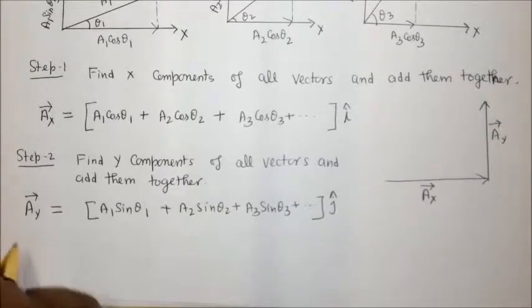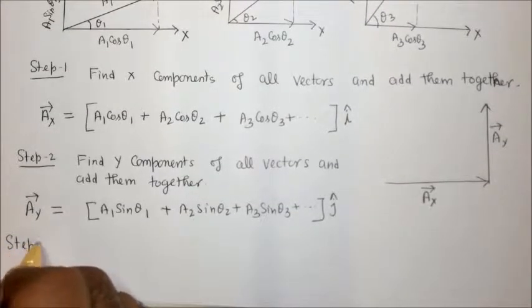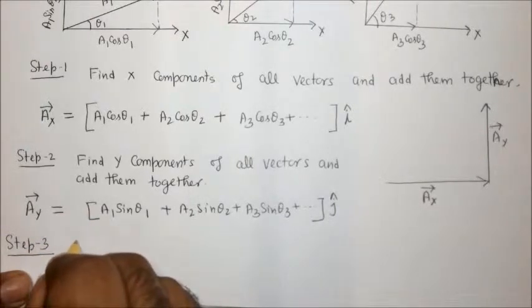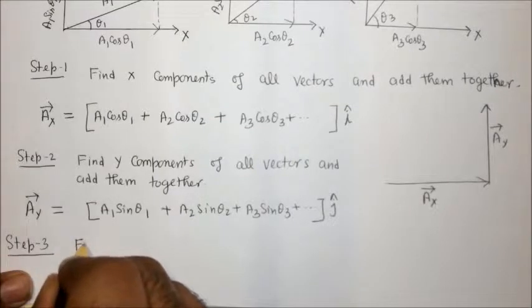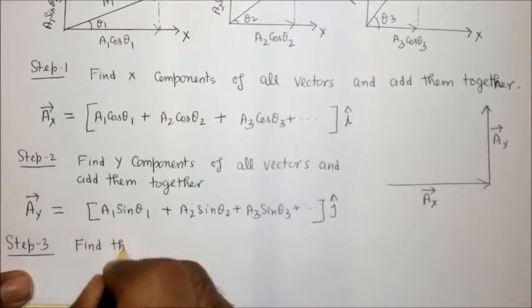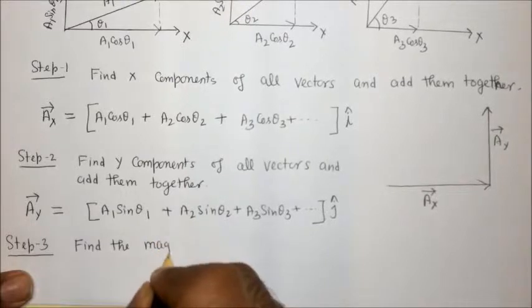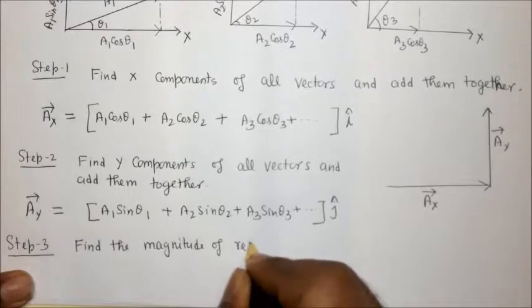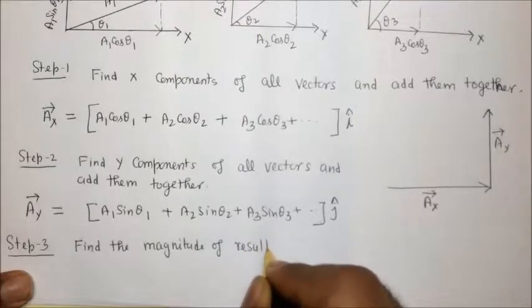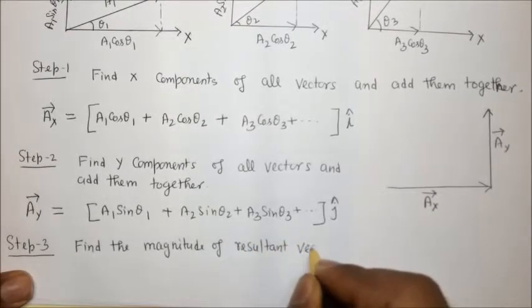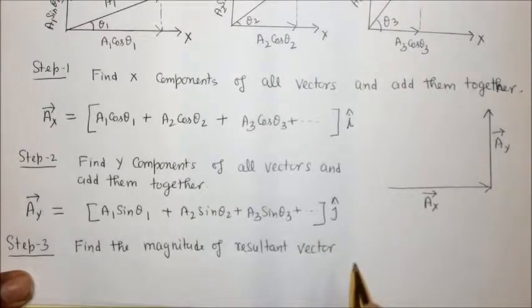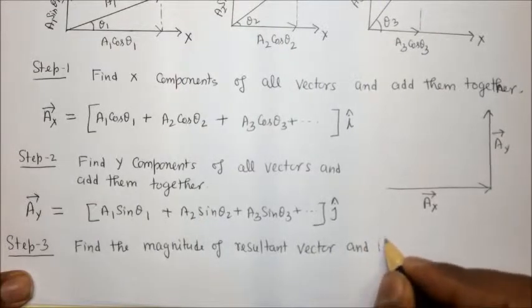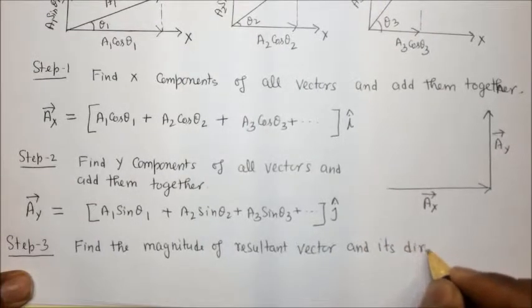Then step 3. Find the magnitude of the resultant vector and its direction.